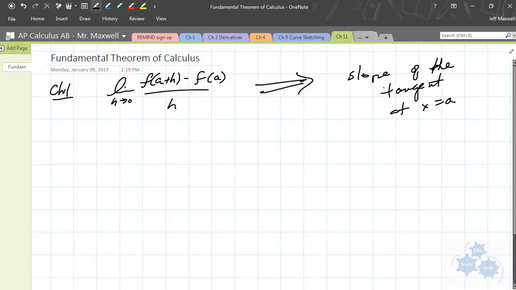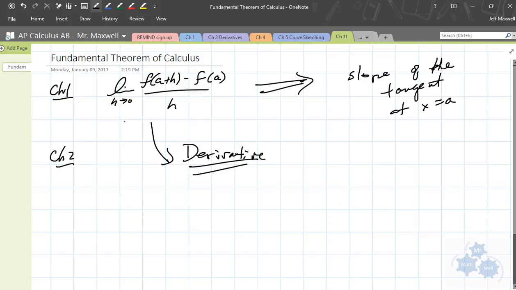Now, if we actually put a number in for a, we got a value of the slope. In chapter 2, we called this the derivative. So we learned that there's a new name for the same thing that we already knew about.